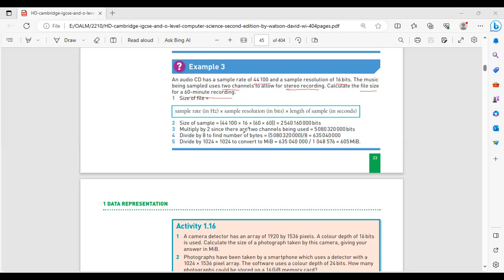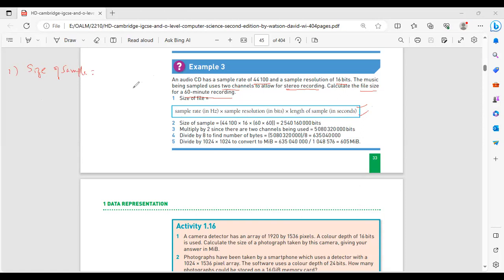Now for the size of the file, you have to follow this formula: sample rate in hertz multiplied by sample resolution in bits multiplied by length of sample in seconds. Step 1, size of sample.